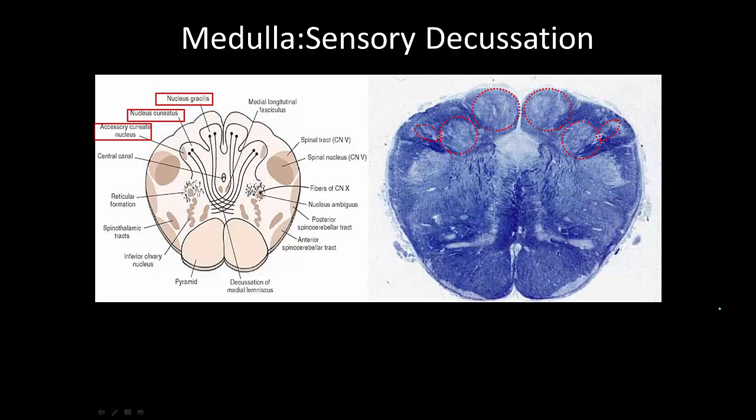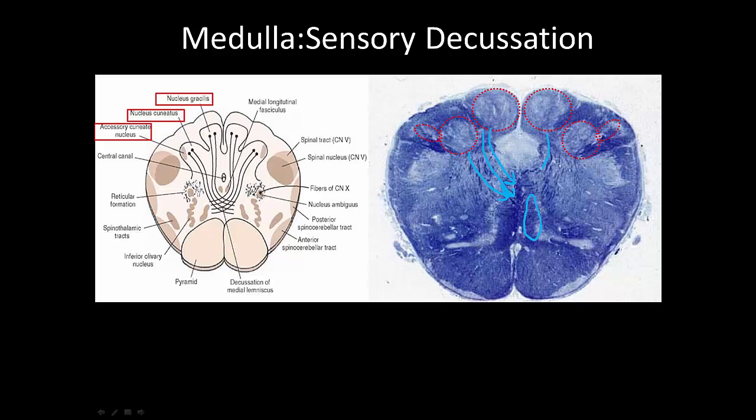So going back to the nucleus gracilis and cuneatus, we have second order neuron fibers that are leaving these nuclei, and they're wrapping around this portion of the medulla, traveling anterior and medial to decussate. When they decussate and cross midline, they're going to end up in this region and ascend in this position as the medial lemnisci.